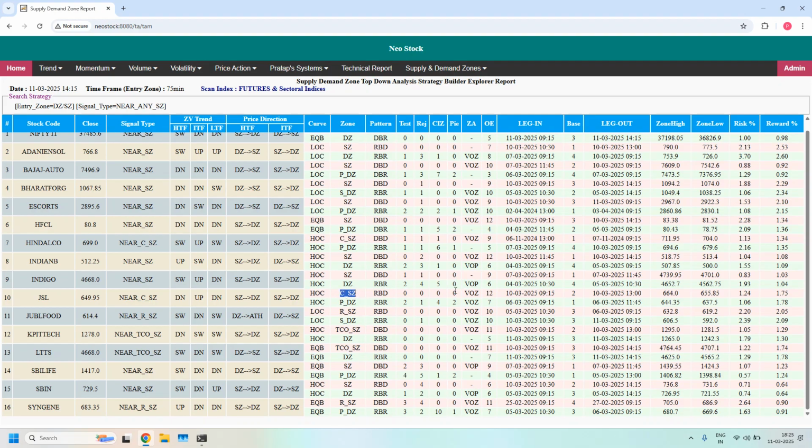JSL is having a 75 minutes high liquidity supply zone. Jubilant Food is having a 75 minutes high liquidity supply zone. And Shenzhen is having a 75 minutes high liquidity supply zone. So we identified 4 75 minutes high liquidity supply zones from this list. Okay, so this is about 75 minutes time frame.